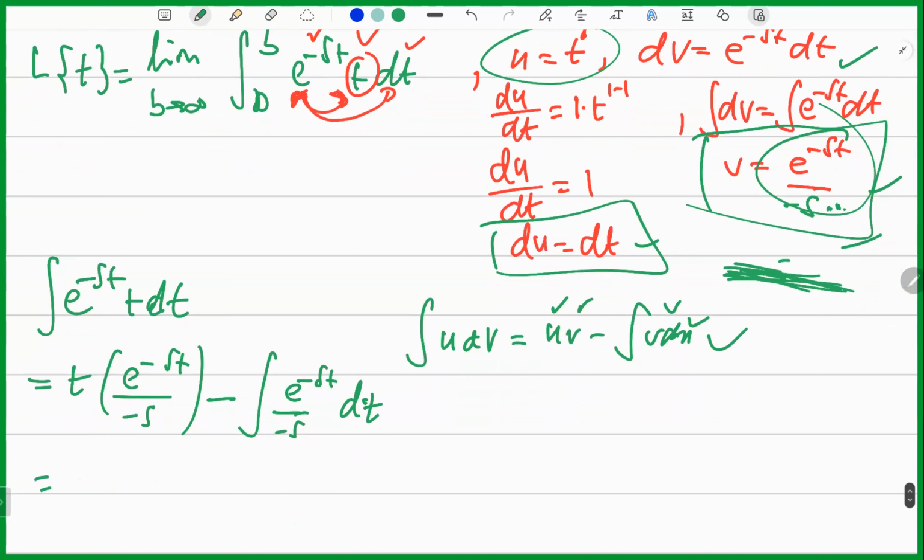The integral here would become, therefore, minus t over s e to the minus st, and then plus 1 over s. One step at a time: negative times negative is plus, so it's 1 over s.